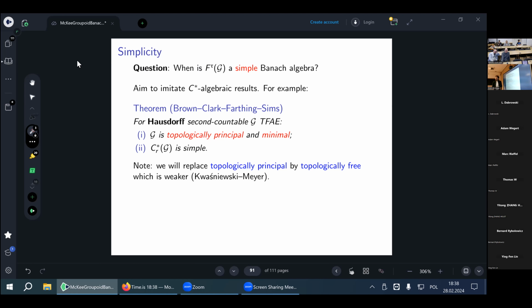But is it the same as in the case when you speak of principal and free, that the difference between the two concepts is properness of an action? This was investigated in this paper. Okay, so if you are free and proper, you are basically principal. It's a groupoid case. No, it's a naive question.